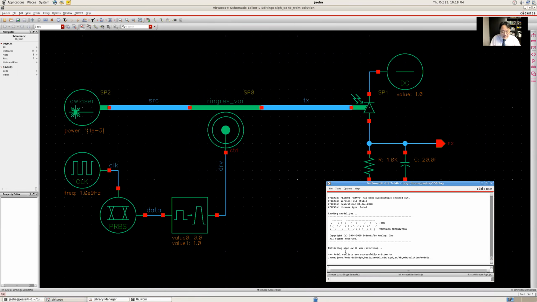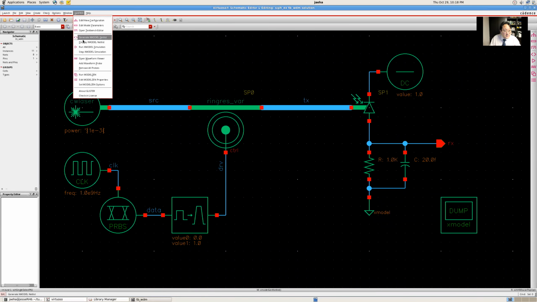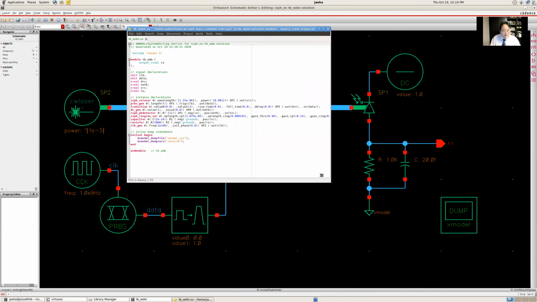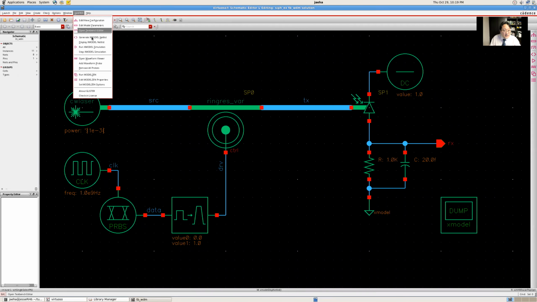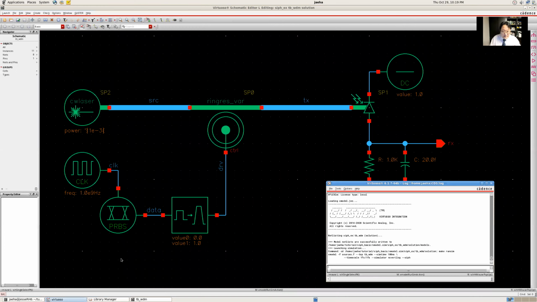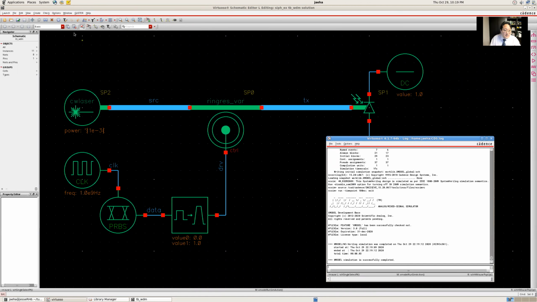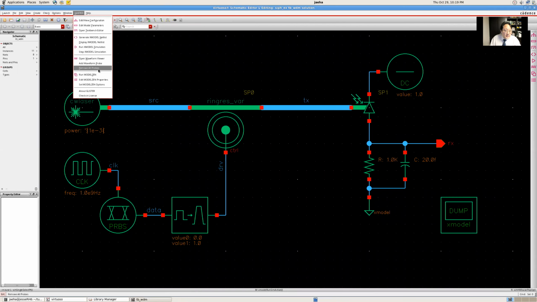It says the netlist is done. You can see the model being generated, which is what I just explained. And to run the simulation, you simply press this Run XMODEL Simulation button. Okay. So it's happening here. The simulation finished within about 3 seconds.